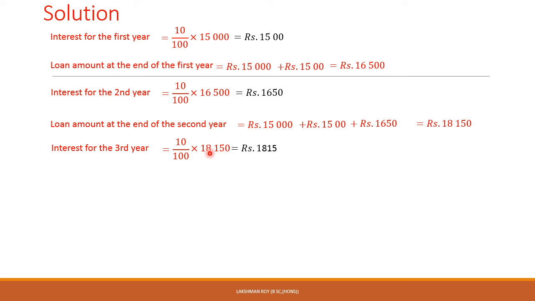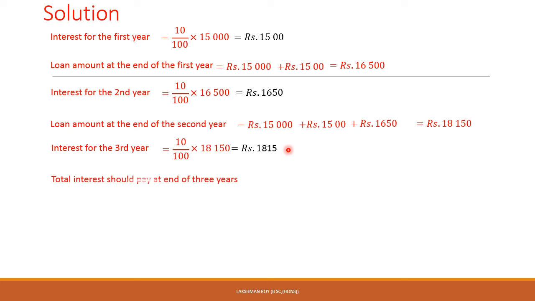Now if you simplify, you get 1,850, right? So you can see here the interest of the first year 1,500, interest for the second year 1,650, interest for the third year 1,850, right? Apply simple interest.